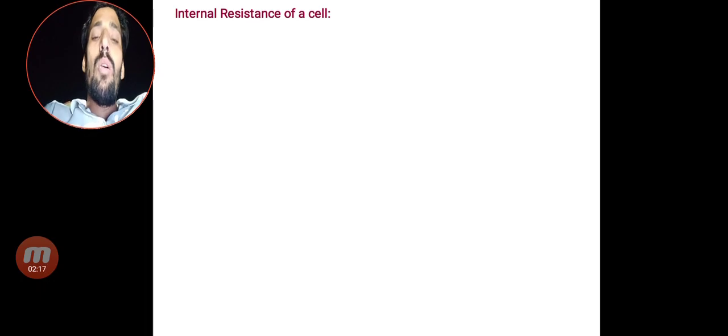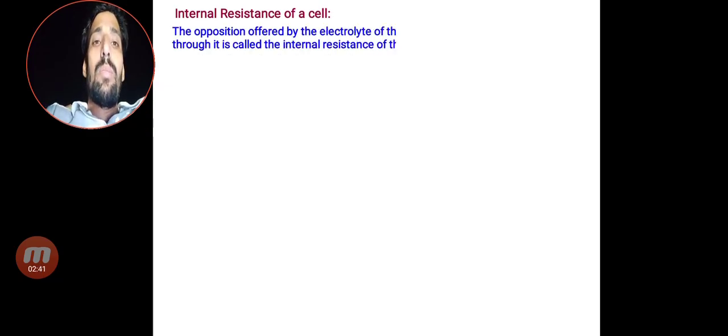While current flows from the negative terminal to the positive terminal inside a cell, the charge carriers are resisted due to the presence of some chemicals in the cell. This property of resistance is known as internal resistance of the cell.